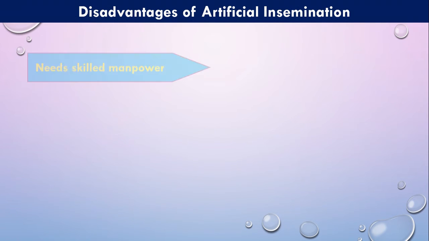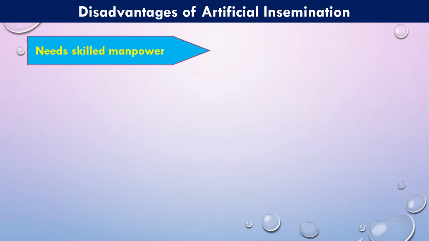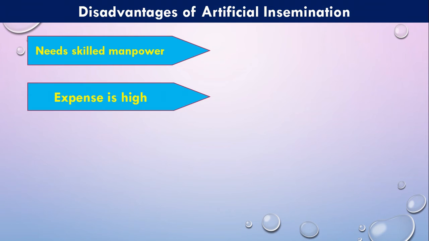Next are the disadvantages of artificial insemination. It needs skilled manpower. That means not every farmer can do this process, because it needs skilled people. Expense is high in this method because the semen is collected from an improved breed, so this process is a little bit expensive.